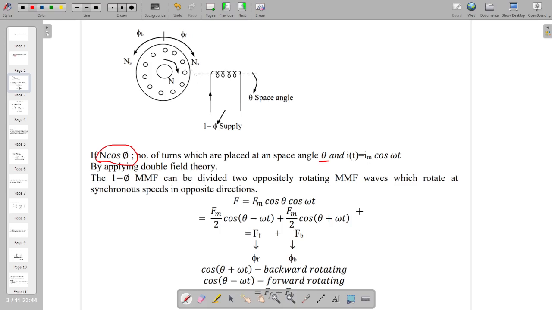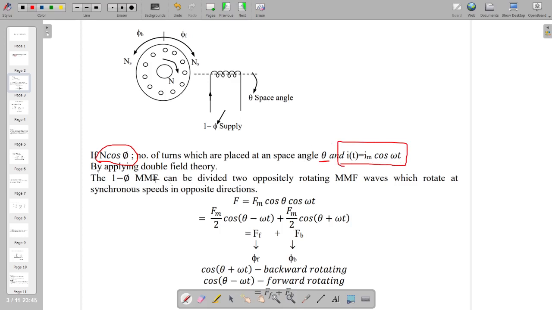This is the space angle, the angle between the two windings, that is the first winding and the second winding. This is the current we are going to apply to the machine: i of t is equal to Im into cos omega t.